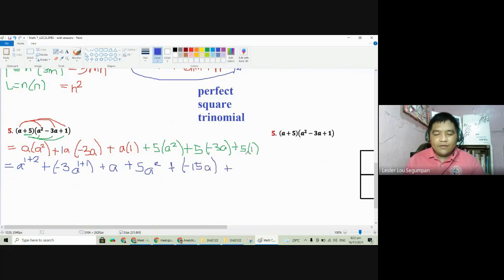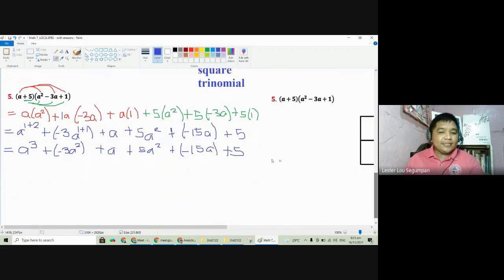And finally, 5 times 1, you have 5. These are the results. But if we could simplify it further, 2 plus 1 is a cubed, plus negative 3a squared, plus a, plus 5a squared, plus negative 15a, plus 5. Okay? So after we have added the exponents now.